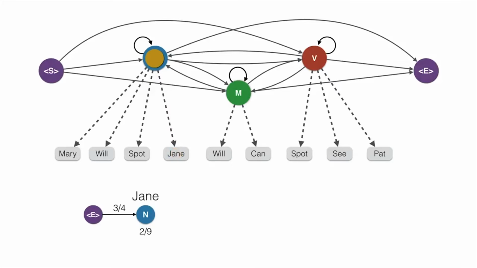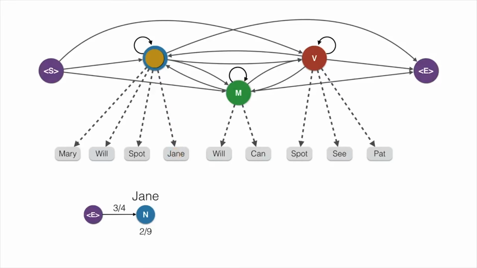In this case, it's 2 by 9 and we record that. Till now, what we did is we started at the starting point and recorded the transition probability that the next word will be a noun, which was 3/4. Then we recorded the probability that that noun will be Jane.